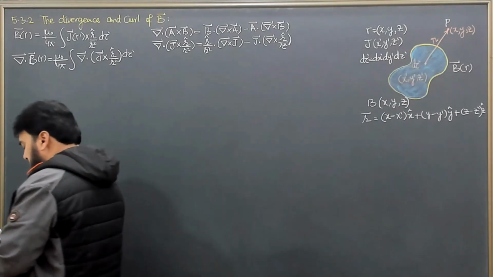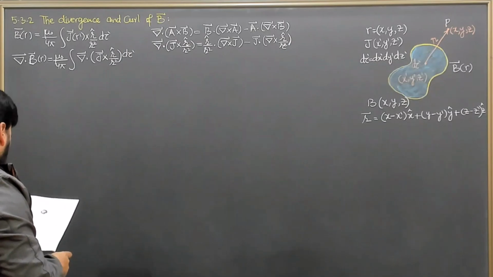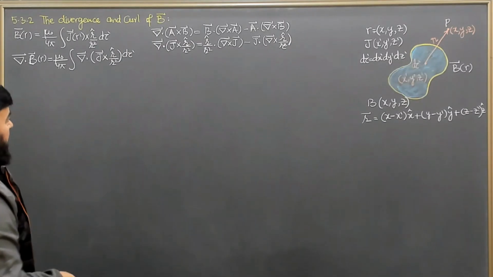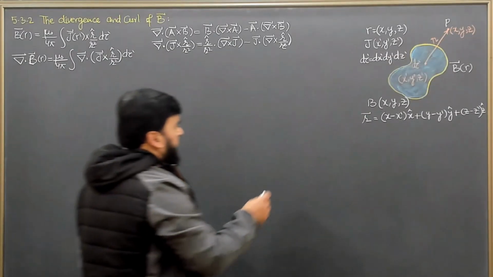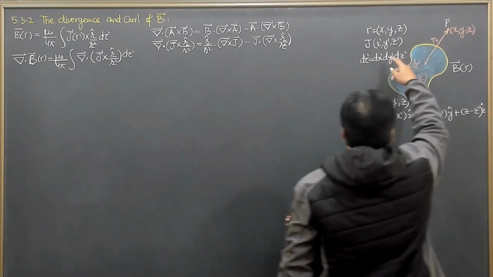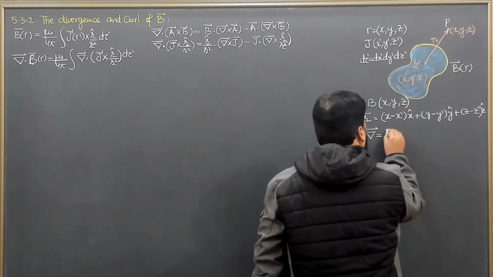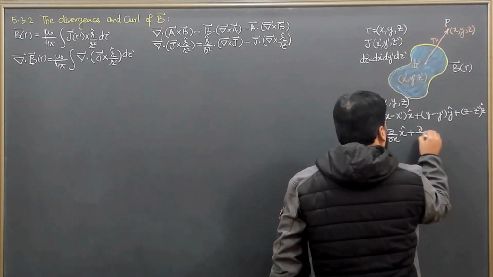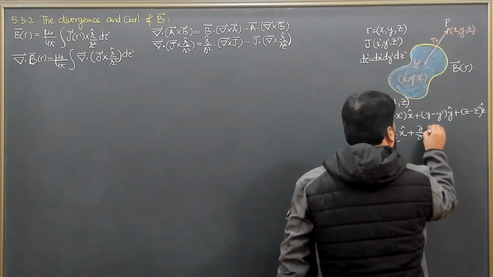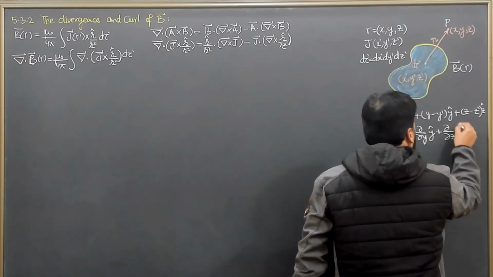So this comes out like this. Now if I look here, what about del? Del depends on r, so del is basically partial over partial x in x, partial over partial y in y, and partial over partial z in z here.